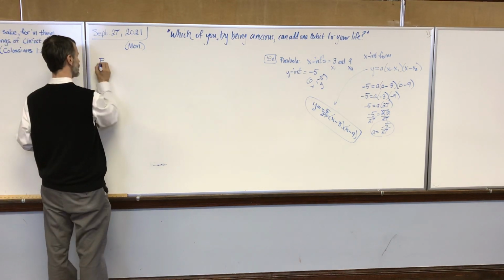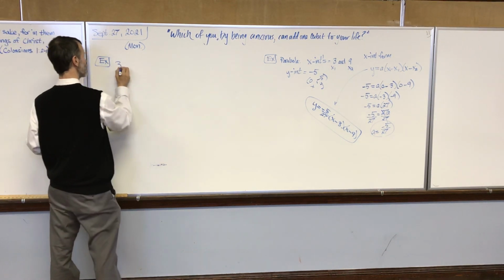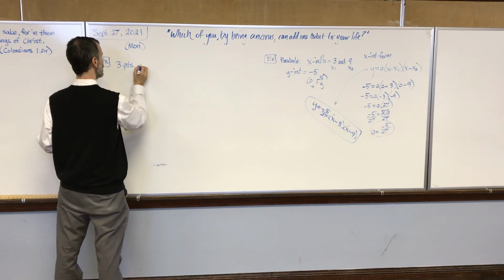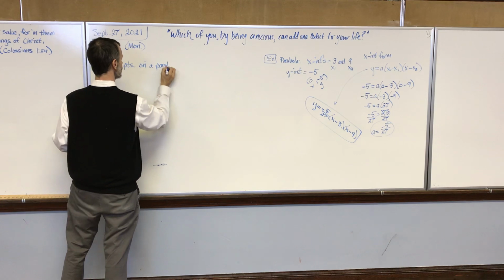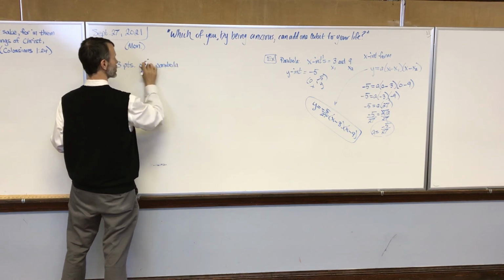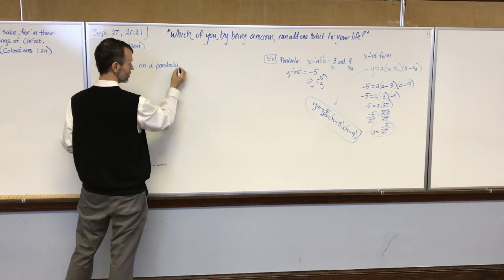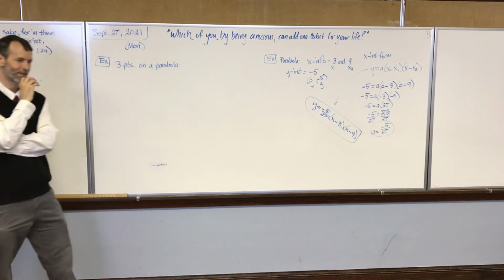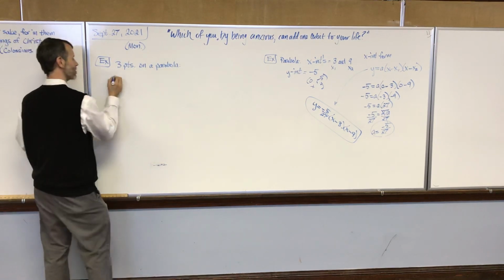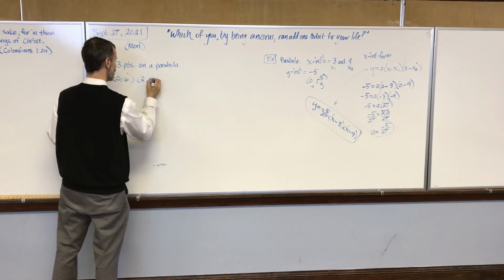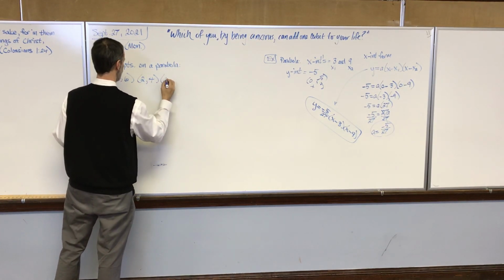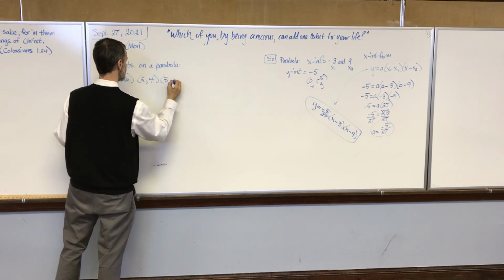Quick example. Suppose I just give you 3 points on a parabola. Here are the 3 points. 0, 6, 2, 4, 5, 5.